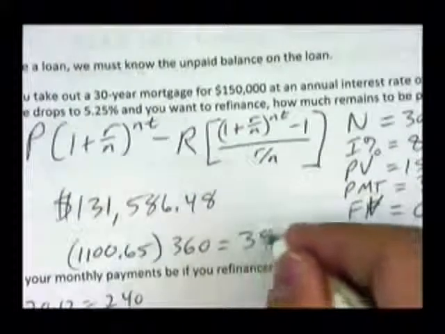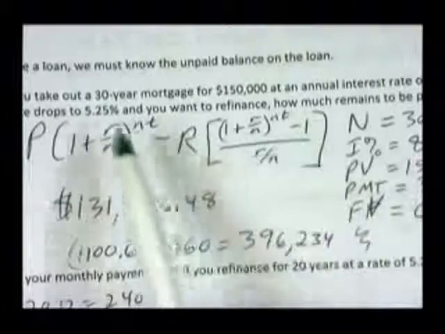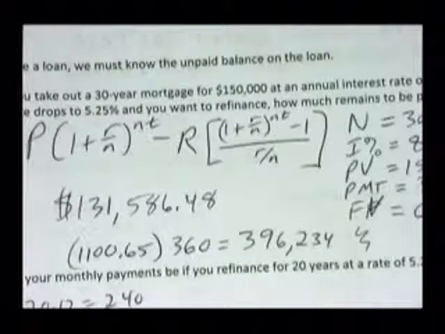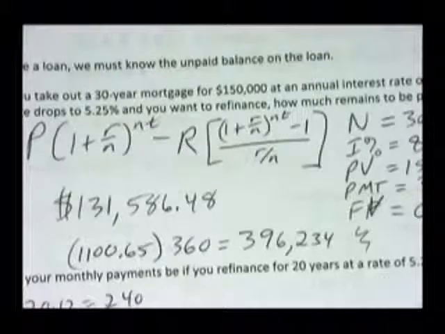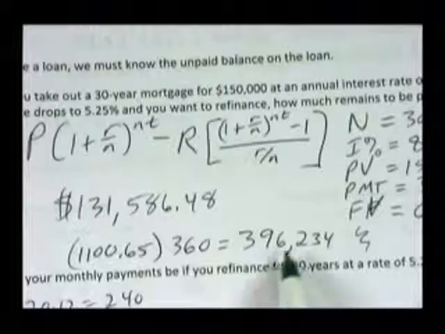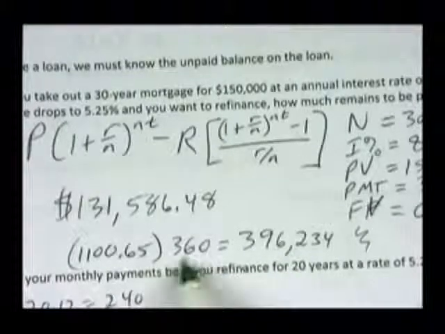You end up paying $396,234 on a $150,000 mortgage. Okay, so more than double and a half over the 30 years.